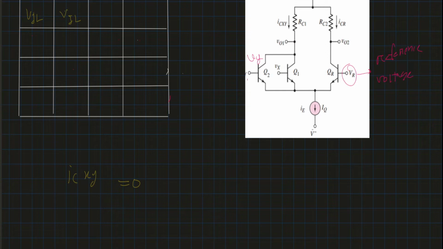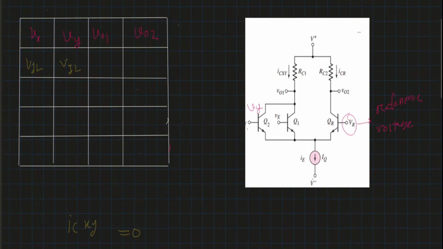So what shall be VO1? Since no current will flow through the RC1 resistor, we can say that our output VO1 will be V plus, because there is no voltage drop across the RC1 resistor. And VO2 will be V plus minus ICR into RC2.